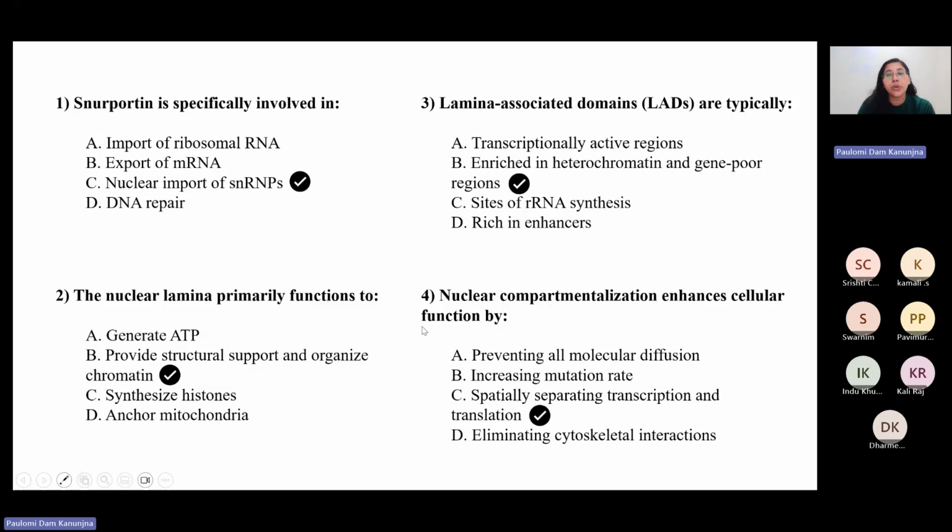And they are basically these RNA protein complexes. So we know that RNA also has protein interactions. So these are those proteins which are involved in the RNA protein complexes.